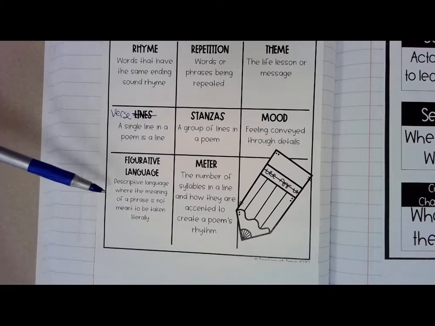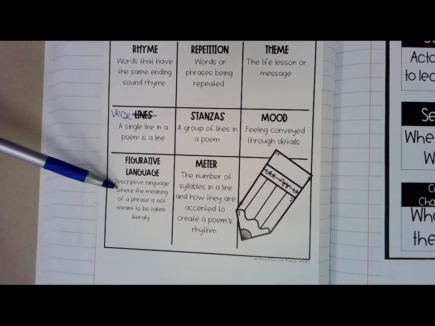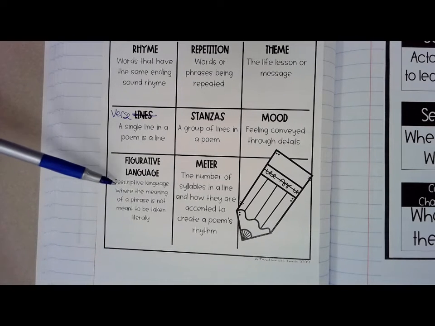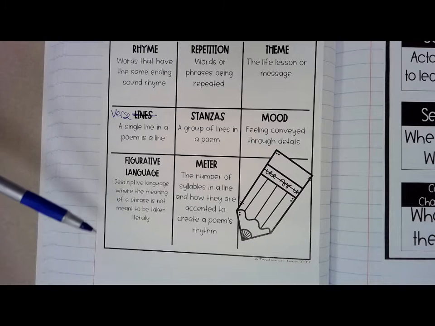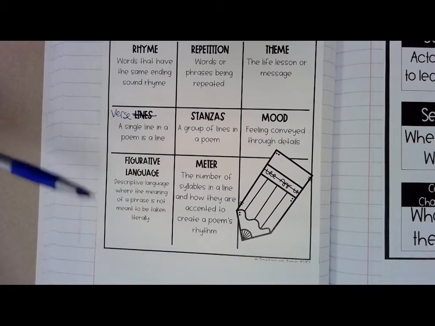We've studied figurative language. That's like similes, metaphors, personification, hyperboles, idioms. Those are all words that are being descriptive, but they have different meanings than their literal meaning. Like, it's raining cats and dogs does not mean it's literally coming down with cats and dogs outside. That's figurative language.